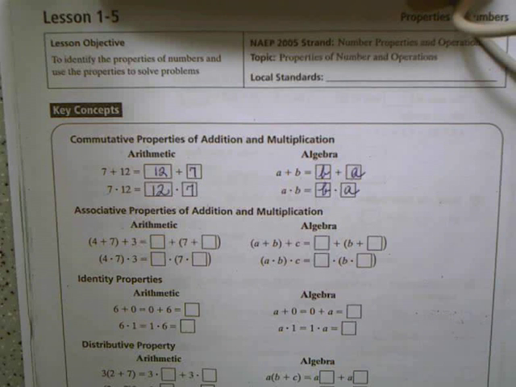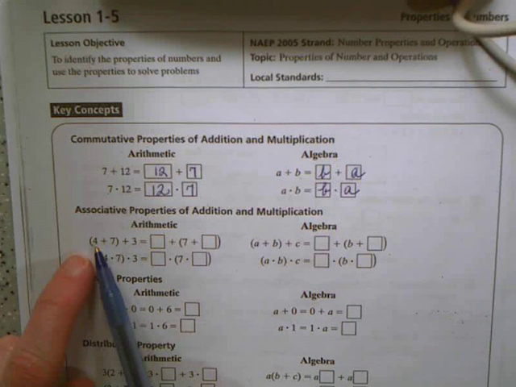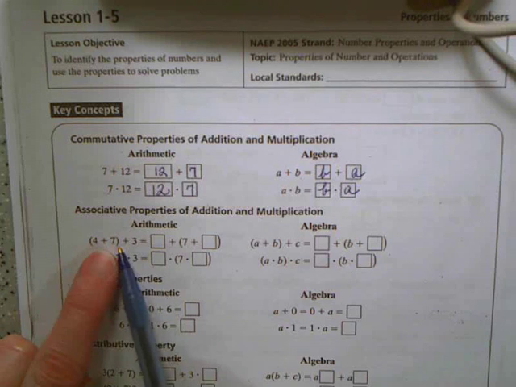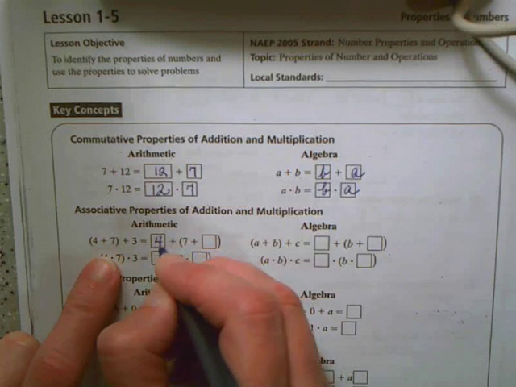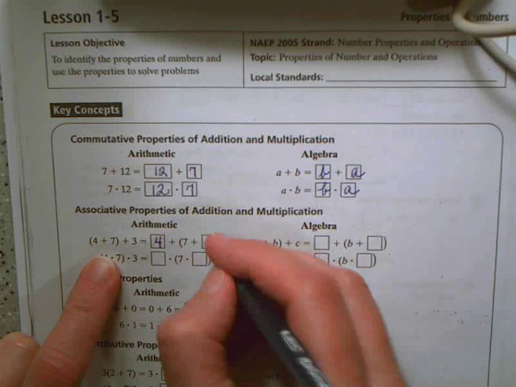The associative properties of multiplication and addition tell us that for each of those two operations, grouping will not change the product or the sum. So here we go. If I have the sum 4 plus 7 plus 3, that is the same as 4 plus the sum 7 plus 3.